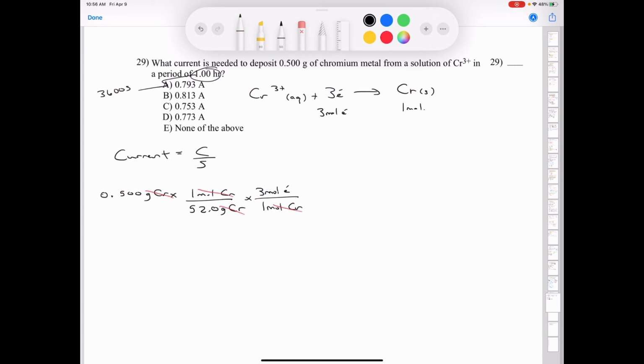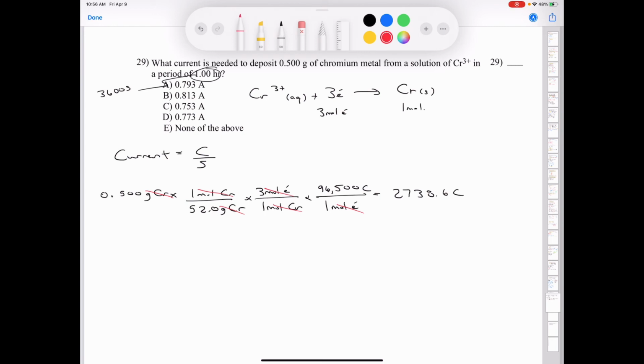And I know from Faraday's constant that for every 1 mole of electrons, I have a total charge of 96,500 coulombs. This cancels out the number of moles of electrons and gives me the total amount of charge required, which is 2,738.6. I know I'm carrying too many sig figs, but that's neither here nor there.